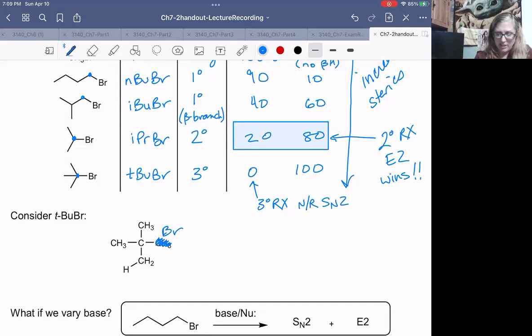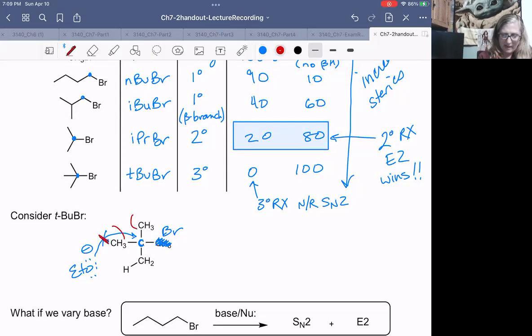And this is a tertiary center, right? This carbon has 3 carbon groups attached. So when my ethoxide is coming in, it has 2 different sites it can attack. If it wanted to do the backside attack, it's coming in and attacking at this carbon, but that is so hindered because of those methyl groups. It makes it super slow.